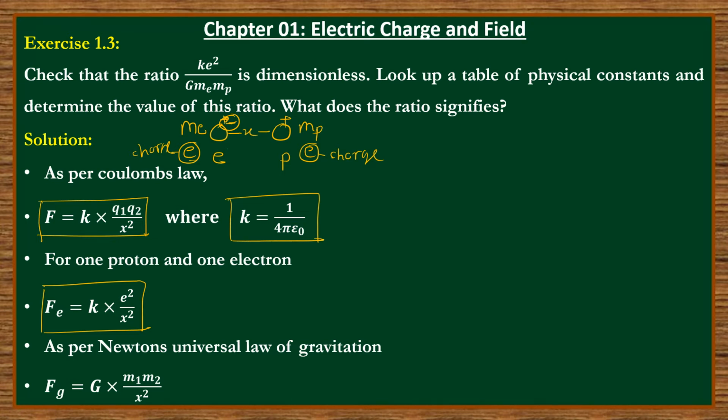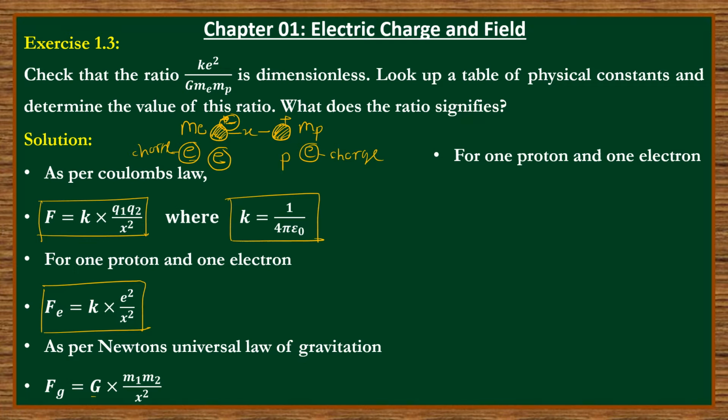So the charge on the electron is associated with the mass of the electron, and the charge on the proton with the mass of the proton. Simultaneously, gravitational force will also act between these two charges, which is a force of attraction. That value is G m1 m2 divided by x squared.